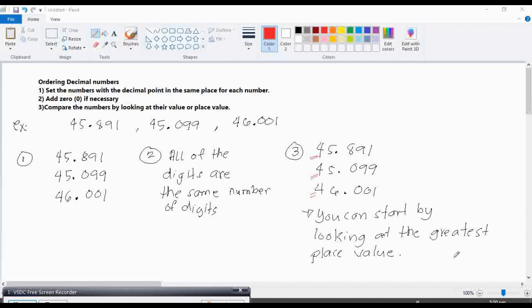Since all of the numbers here have the same tens, we can move into the ones. If the other one is different, you can separate it and look for the next number. The same goes for the place value of the decimal numbers. You have to look for the tenths, hundredths, and thousandths.